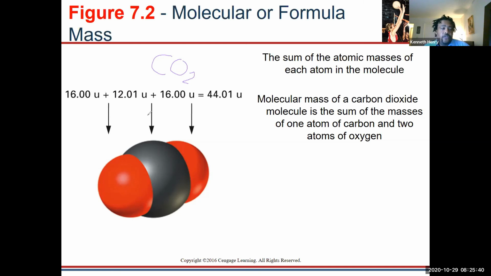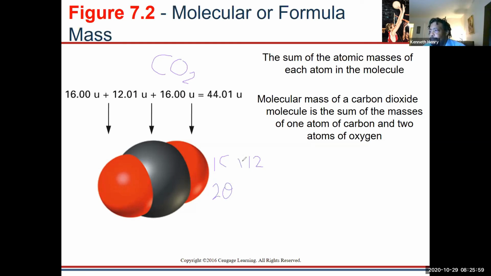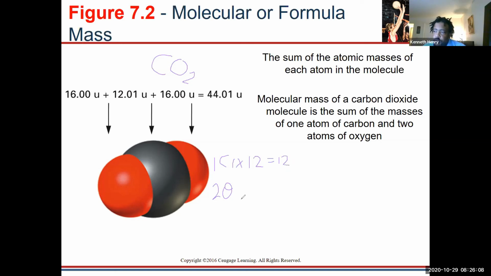Okay, so when we calculate its formula mass, we take the sum of all of them, right? So how many carbons do I have? 1. How many oxygens do I have? 2. Okay, carbon weighs 12 AMU, and we only have one of them, so 12.